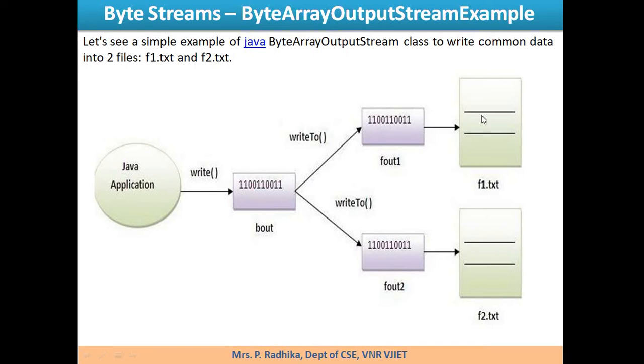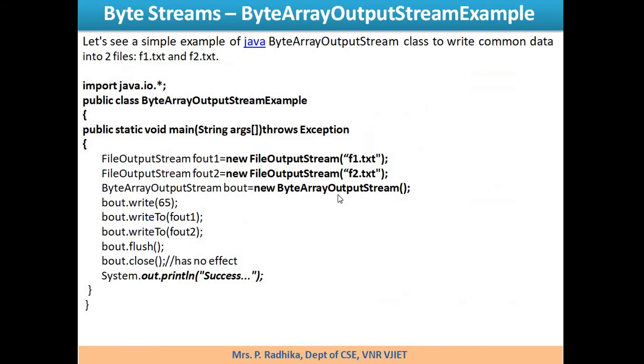We are writing commonly into two files, or we can write into multiple files also, but we have to use the writeTo method. So what is the program that is written for this? The class is ByteArrayOutputStreamExample, and we are using the main method. In the main method, we are creating file output streams and a byte array output stream. We are creating two files here, f1.txt and f2.txt, using file output stream classes.